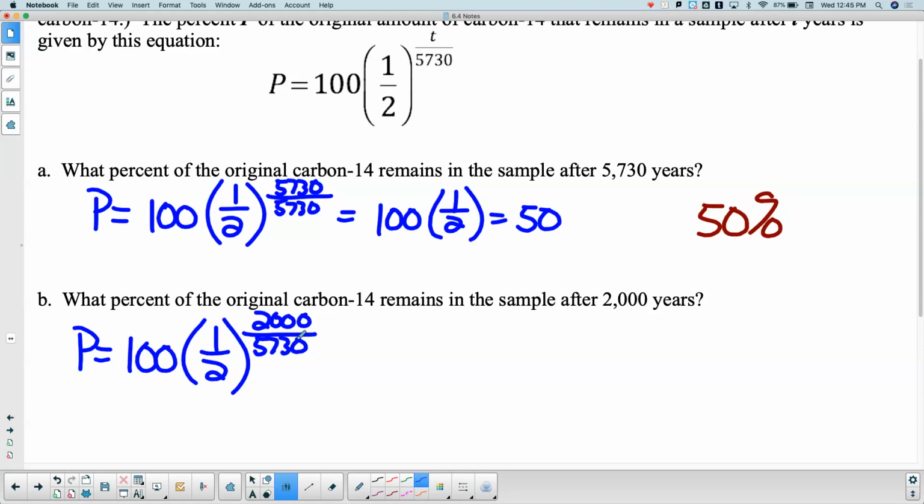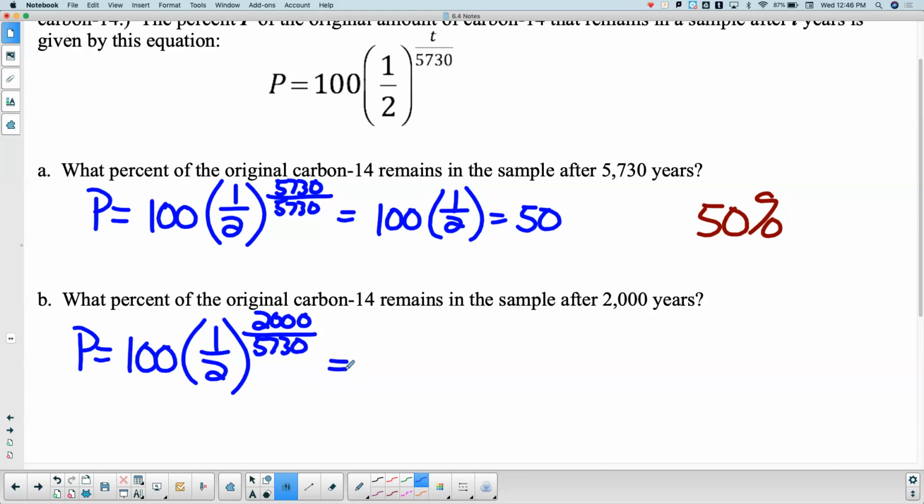Now, logic tells me, should this be more or less than 50%? More, because it's less than the half-life. I'm still inside of one half-life. I haven't gotten to the full half-life yet.